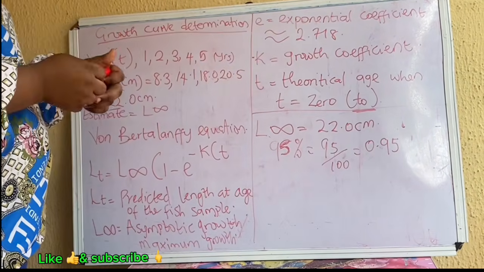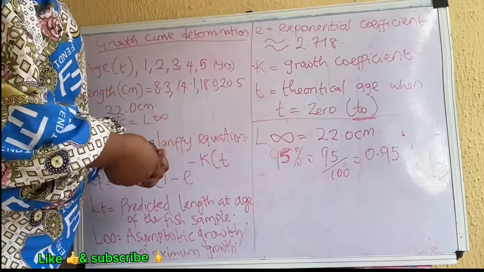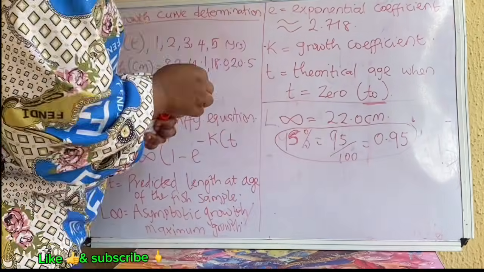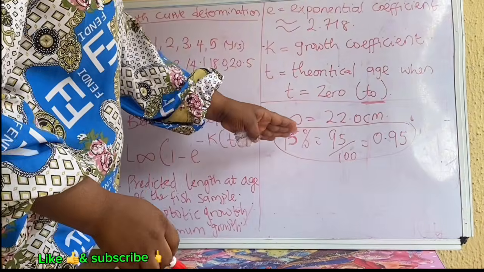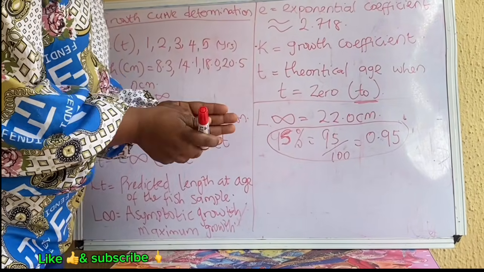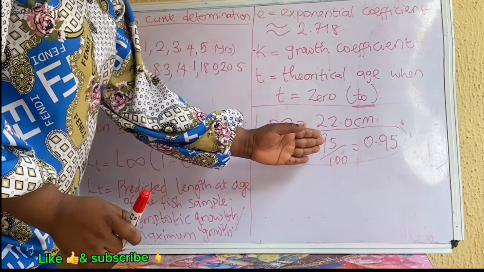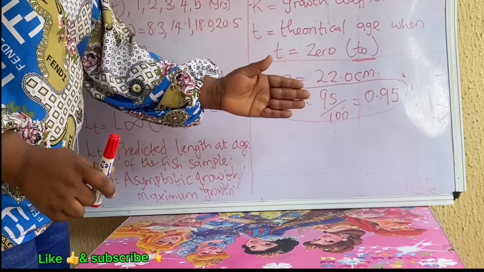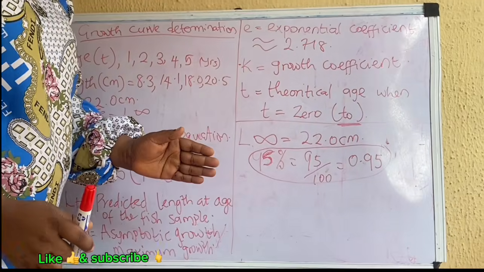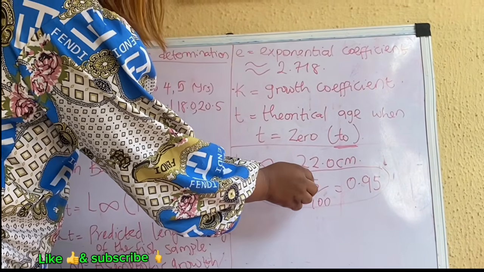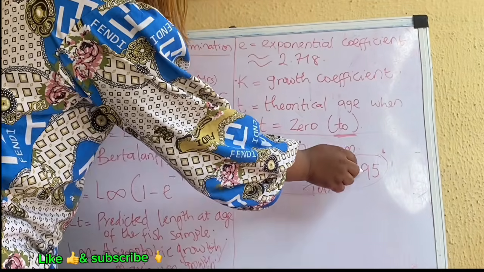This is gotten from empirical studies of fisheries research. It has been observed that fishes rarely reach their asymptotic lengths within a fish population. So 95 divided by 100 will give 0.95.